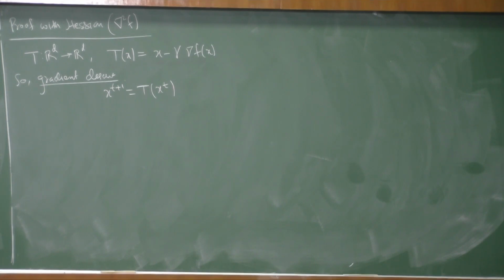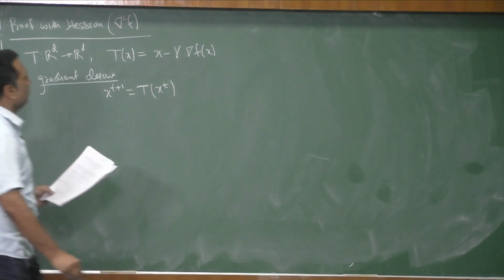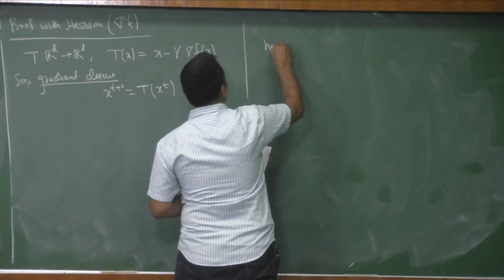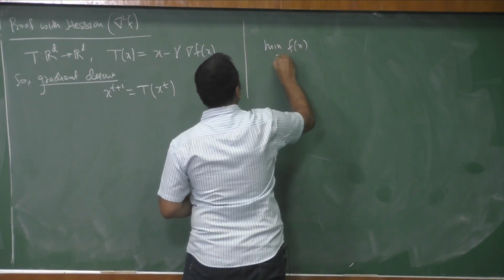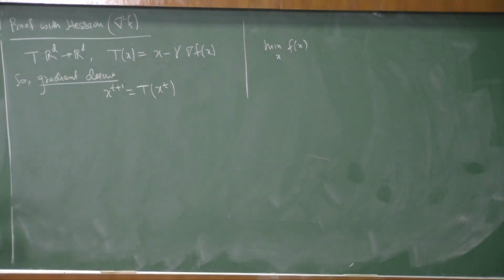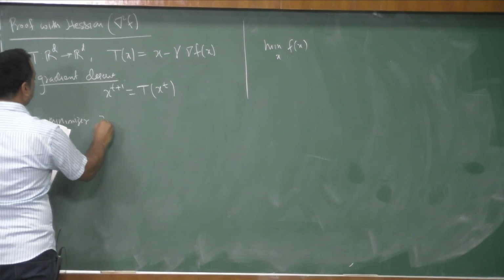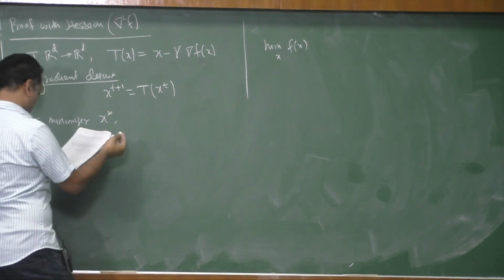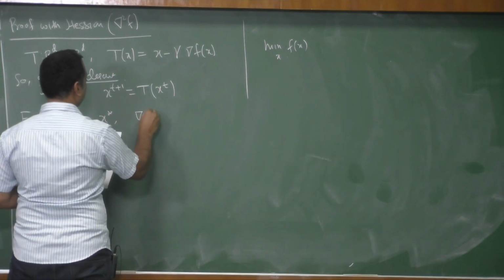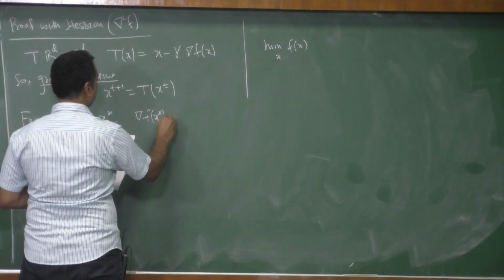If there is a minimizer of a function f, at the end of the day, we are trying to do the minimization problem of f(x) over x. And if there is a minimizer, then grad f should vanish at the minimizer. So for minimizer x star, we have grad f(x star) is equal to 0.